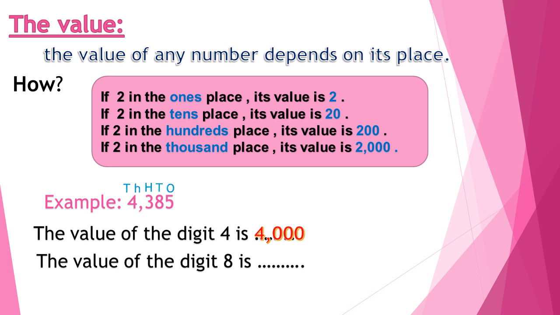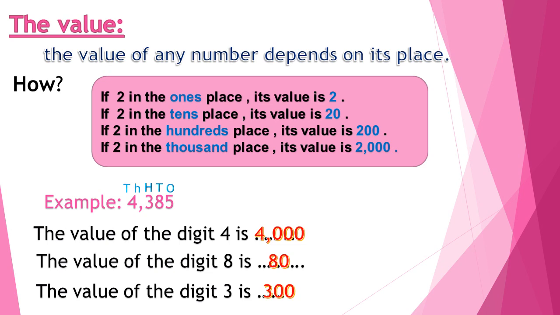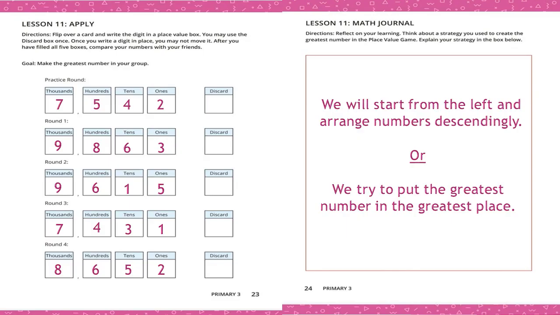The value of the digit 8, 8 in tens. So its value is 80. In the tens place, we put 1 0. The value of the digit 3, 3 in hundreds. Then its value is 300. We put 2 zeros.